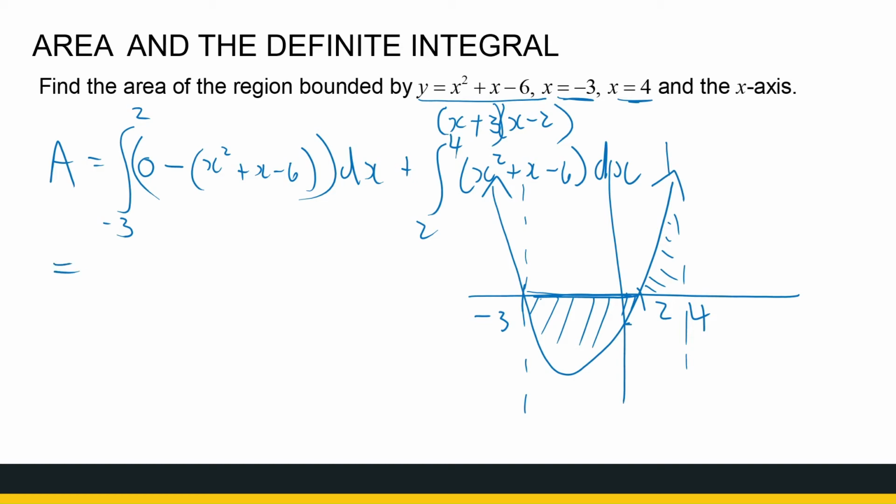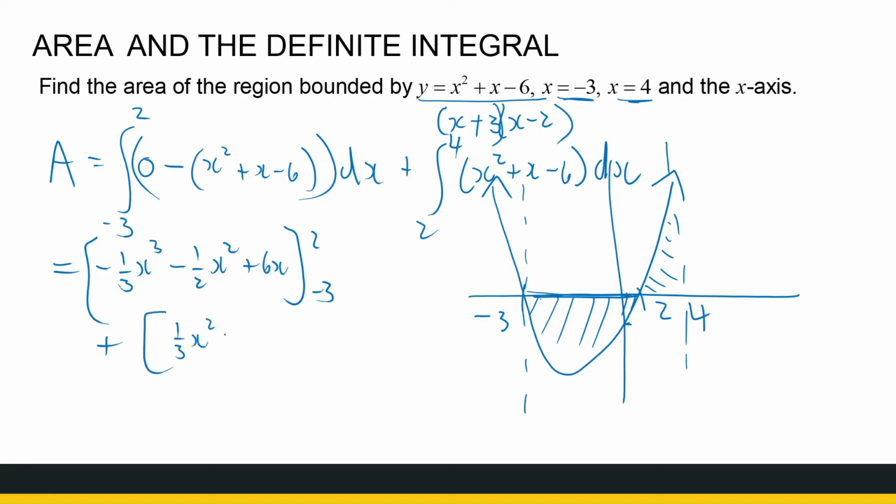So that is, I've got minus x squared, so it's minus a third x cubed. Minus x, so it's minus a half x squared, plus 6, so it's plus 6x. Between 2 and minus 3, plus the second one, I've got a third x cubed, plus a half x squared, minus 6x, between 4 and 2. Now, both of these brackets should give you positive numbers if you've done it correctly.